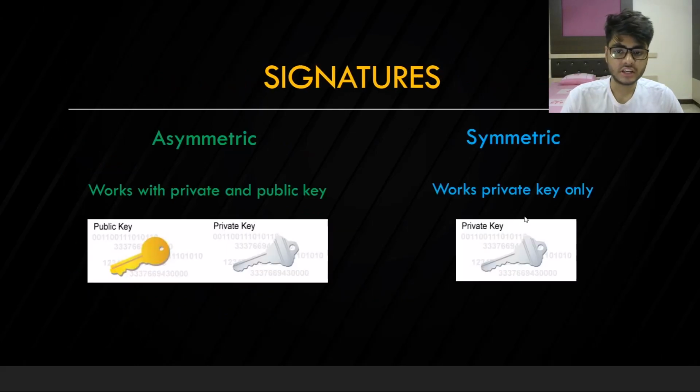Signatures could be of two types: asymmetric and symmetric. Asymmetric means the client has a public key and the backend has a private key. The JWT token would contain a public key, and when it gets authorized, the private key in the backend is used along with it, and it authorizes you to get all that data.